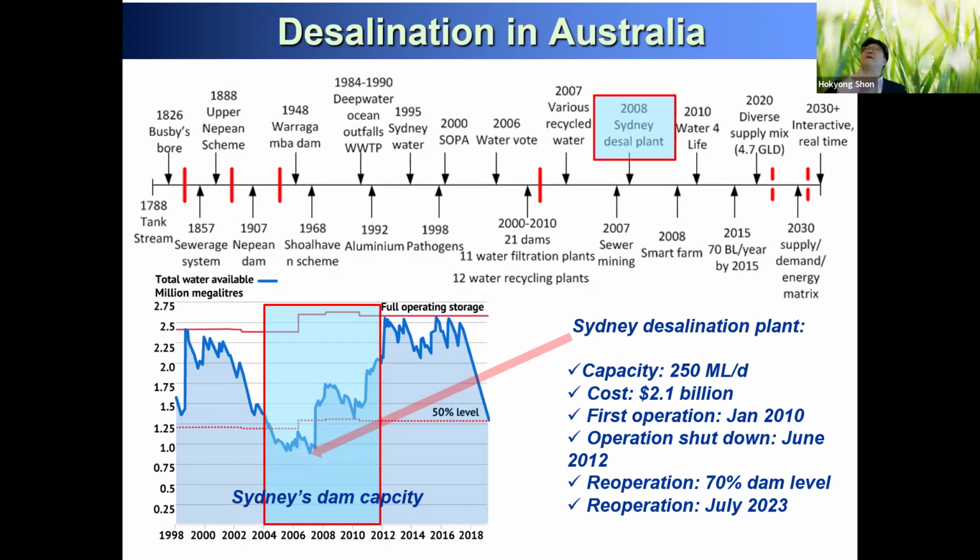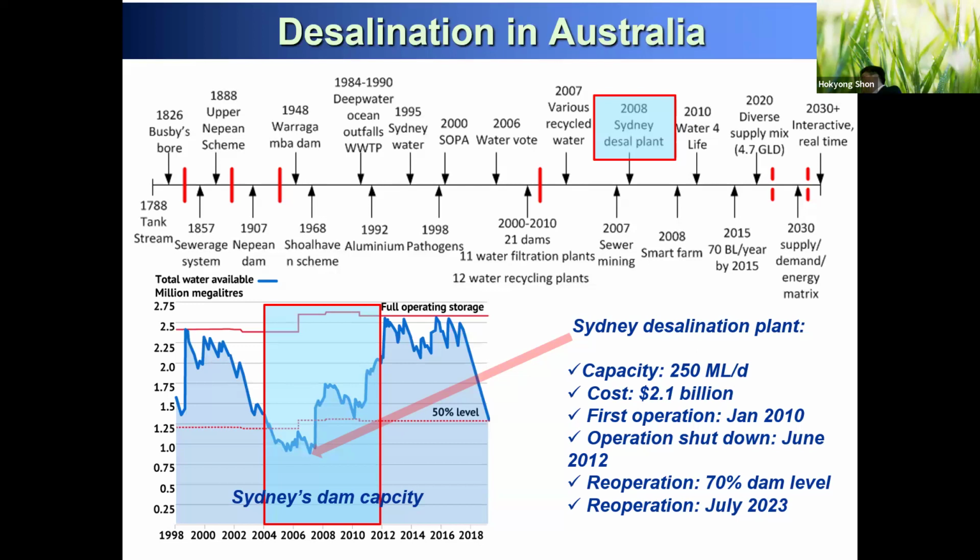So everybody stood by for the reoperation of the desalination plant. And then what happened was that in 2020, during winter time, we also had a lot of rainfall. So in 2020 we started to operate, and then rainfall again, and then the dam level increased. So completely, we start again.